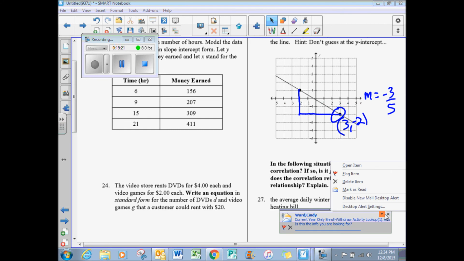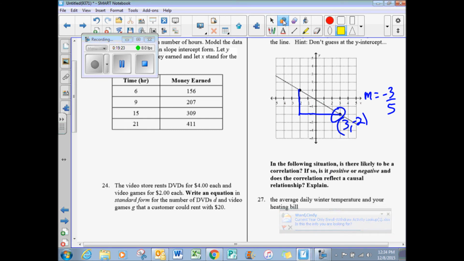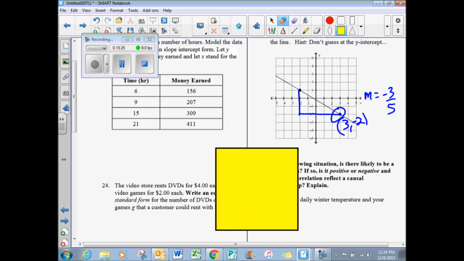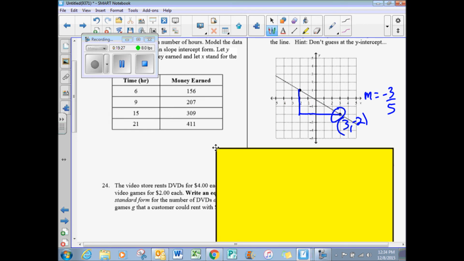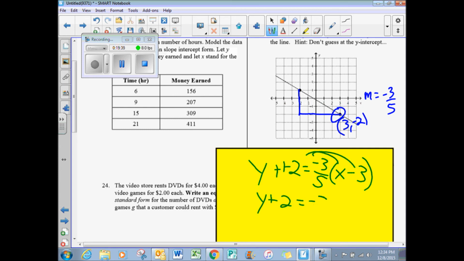So let me go ahead and put another workspace up here. And y minus y equals m times x minus x. Plus a positive distributes. Y plus 2 equals -3/5 x plus 9/5.